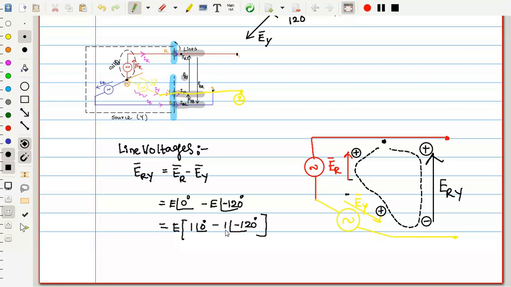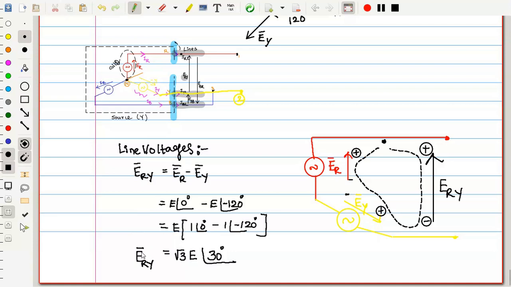Is that? Anyone got it? Yeah. So here is the very, very important conclusion. Root 3 E is the magnitude now. The angle is 30 degrees. So can I say ERY is the line voltage.